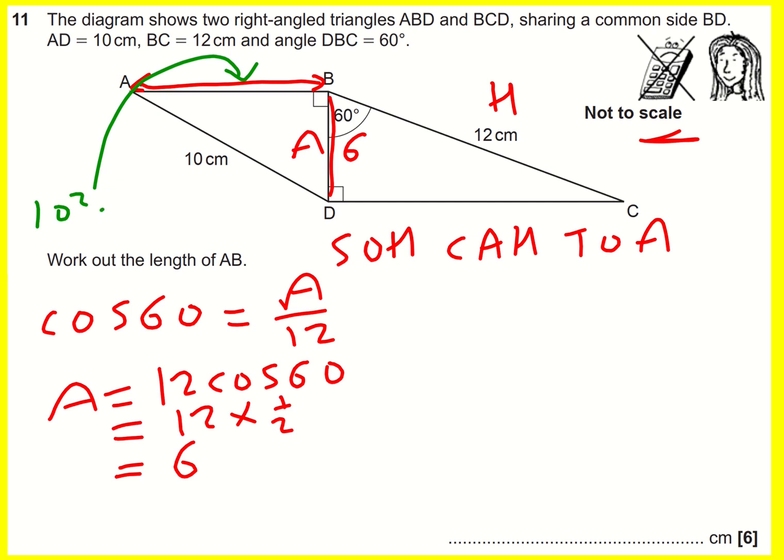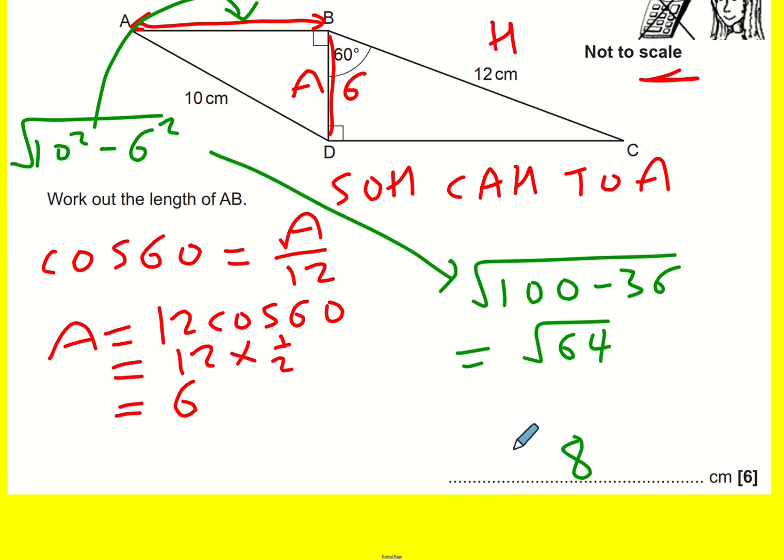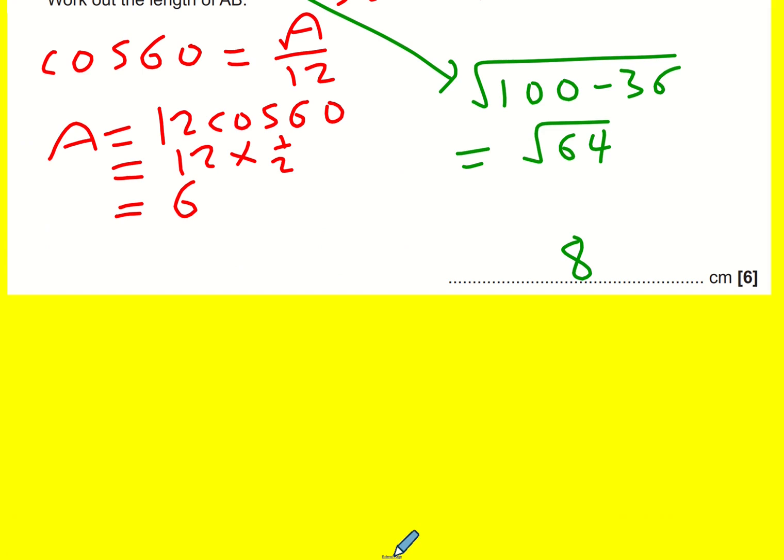It's 10 squared minus 6 squared square rooted, which is equal to 100 minus 36 square rooted, which is equal to the square root of 64, which is 8.